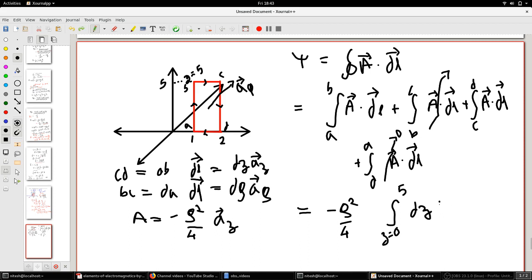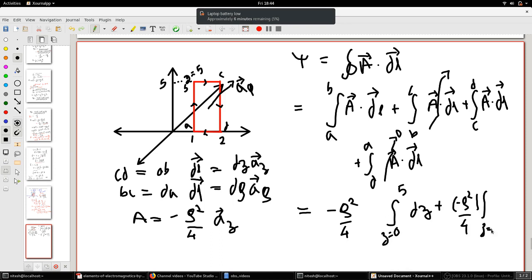And for the other path, which is C to D, this will be minus rho square upon 4 into integral z equal to 5 to 0 and dz.